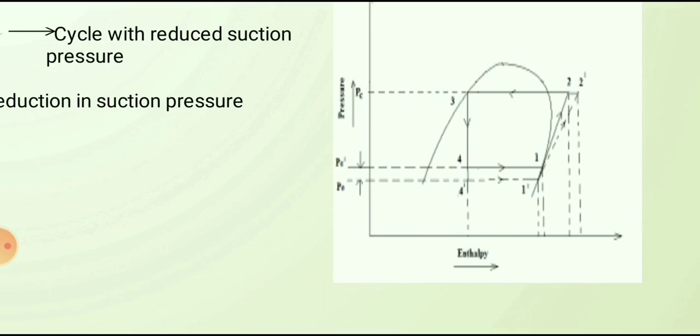Then we can see from the diagram that the work input increases, and the increase is equal to (H2 dash minus H1 dash) minus (H2 minus H1). Initially it is H2 minus H1, and after the change in suction pressure it is H2 dash minus H1 dash.